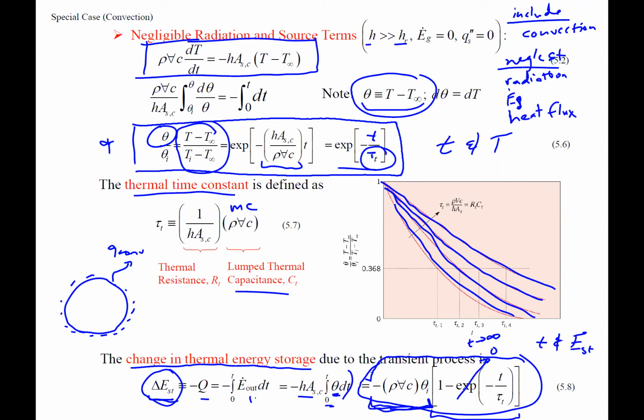That is the max energy that can be stored: density, volume, specific heat, T initial minus T infinity. That's just basically the change in internal energy, right? Now, for any time in between, we have that ratio to that max.